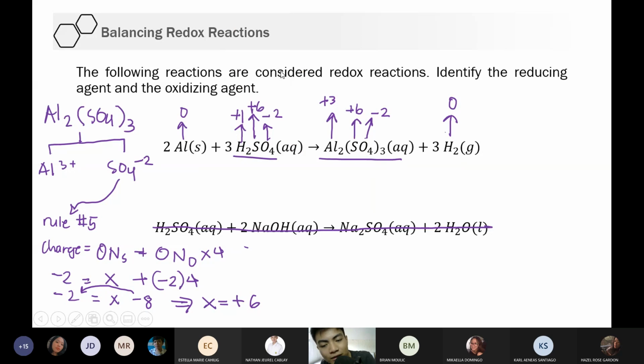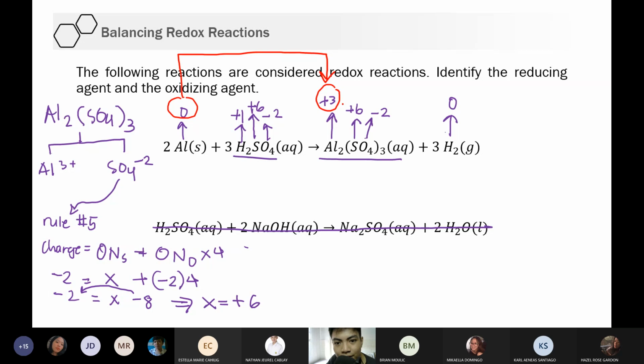So, tignan mo, anong element yung nagbabago ng oxidation number? Anong element yun? Aluminum from 0 naging positive 3. Okay? Kita nyo yan? Yan o. From 0 naging positive 3.